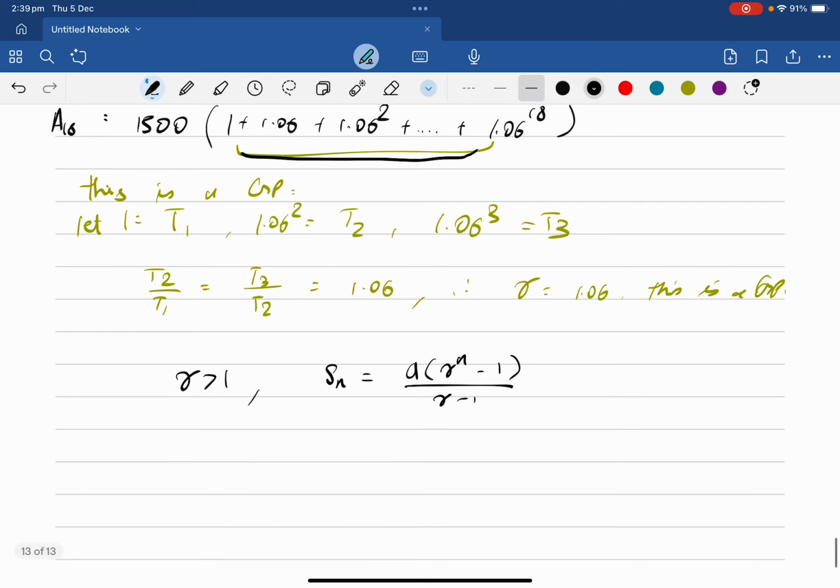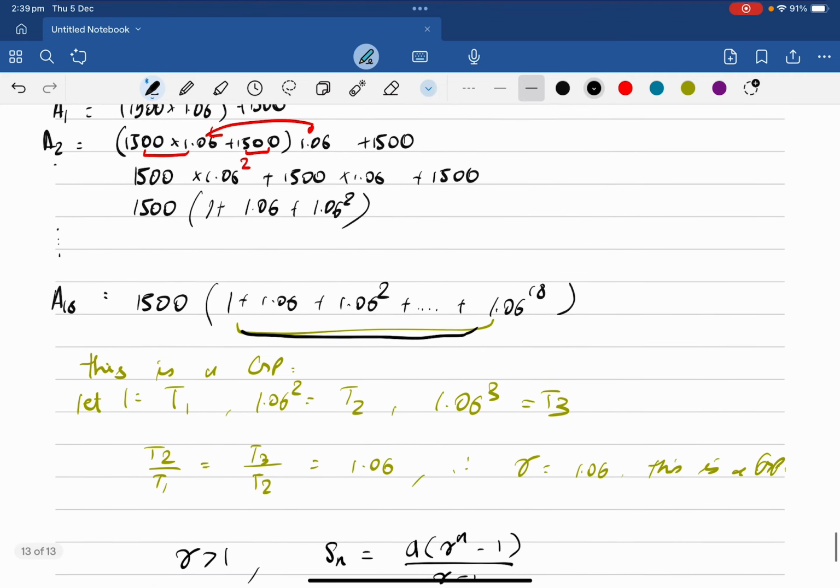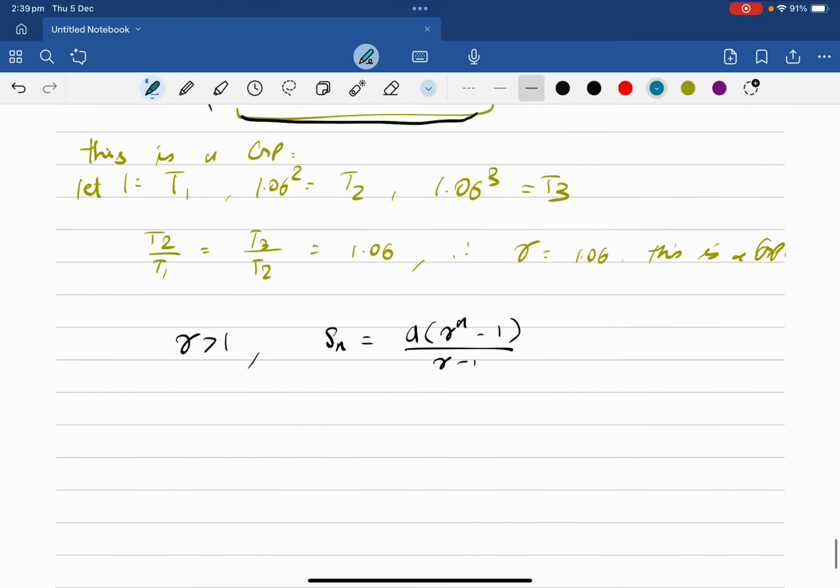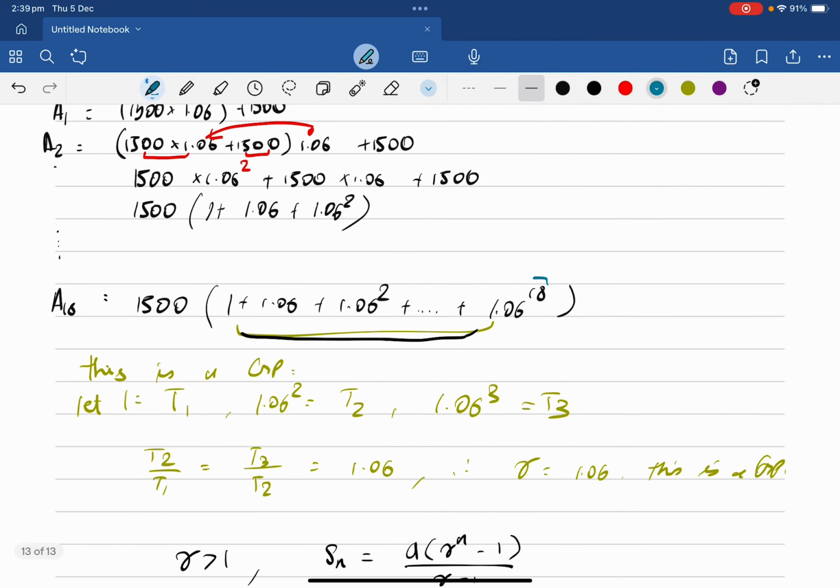Now, how many terms? That's the question. Is it going to be 18 terms? No. Let me give you a formula for finding the number of terms: take the power of the last term minus the power of the first term, plus 1.